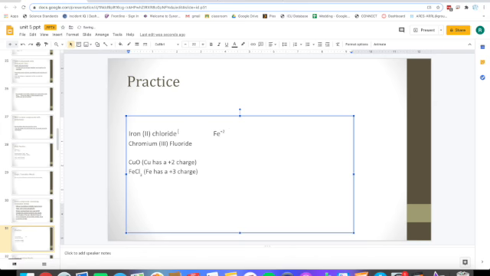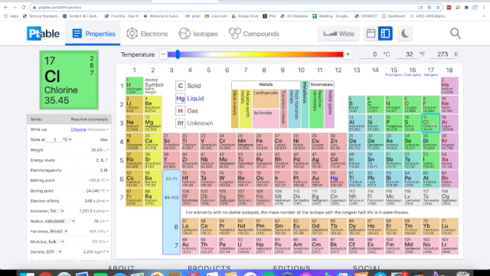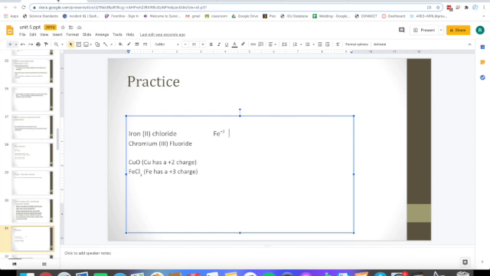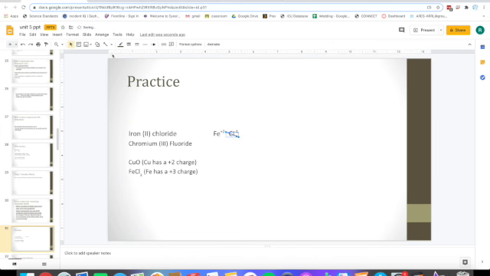And then chloride. So we'll look at the periodic table. We'll find chloride, or chlorine, and it's right there. So that has a -1 charge. So Cl has a -1 charge. So we're going to crisscross those. That 2 is going to go to the Cl.